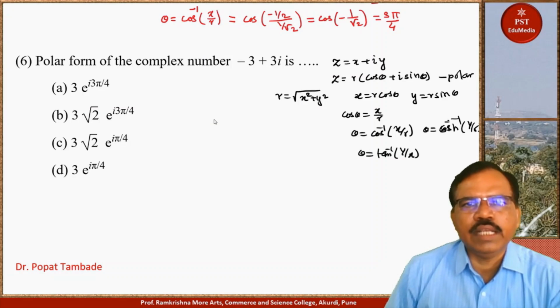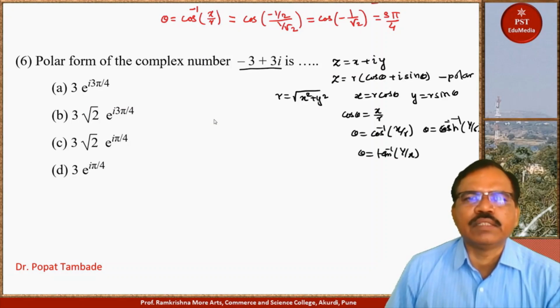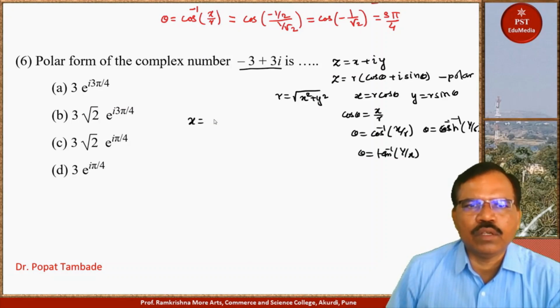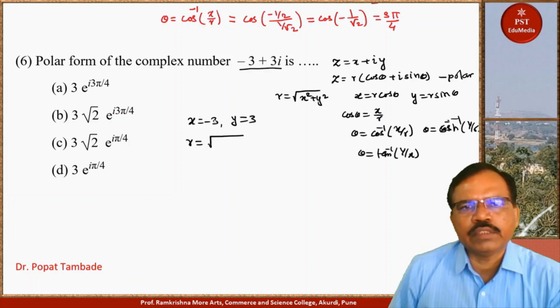Now here z is equal to minus 3 plus 3i. So x is equal to minus 3, y is equal to 3. So r is equal to root of x square plus y square, minus 3 square is 9 plus 9. So it is root of 2 into 9. So you will get here 3 root 2.